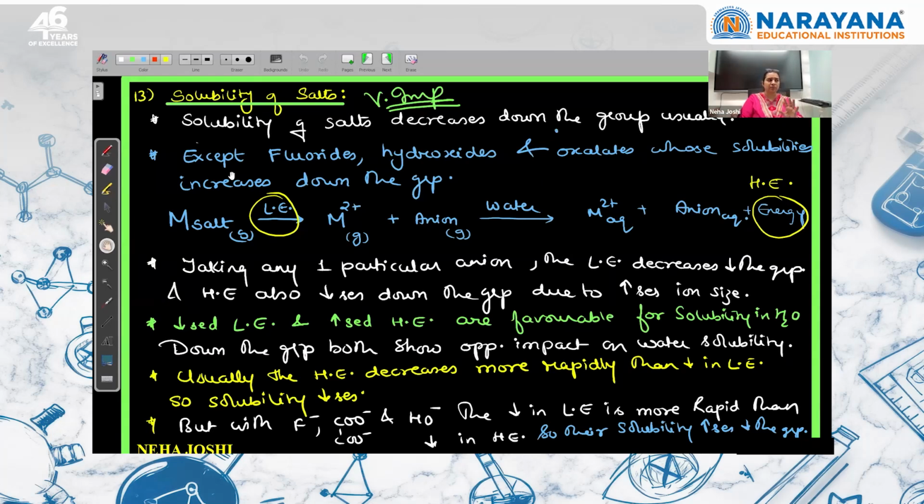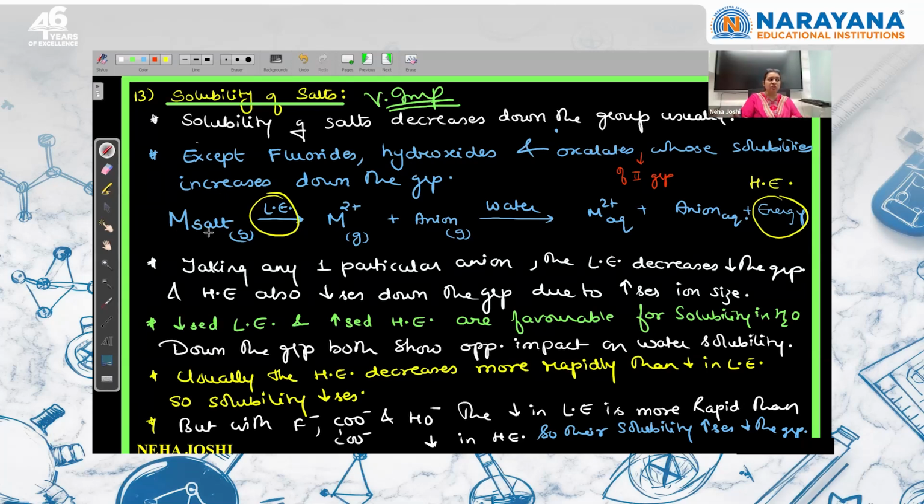Except fluoride, carbonate and bicarbonate for the first group, and fluoride, hydroxide and oxalate for the second group, whose solubility increases down the group, otherwise it decreases.